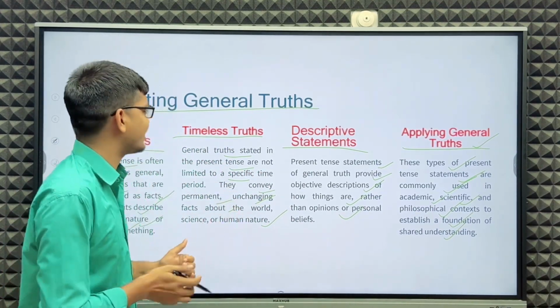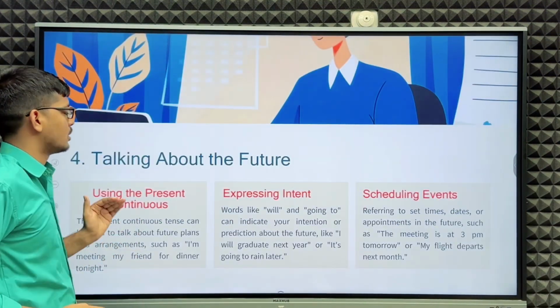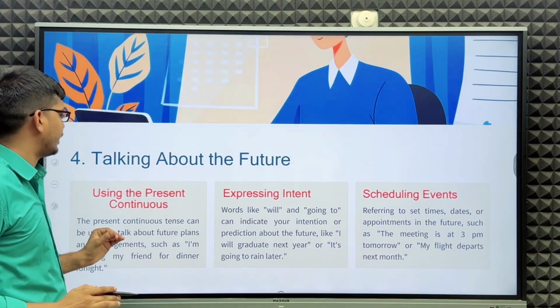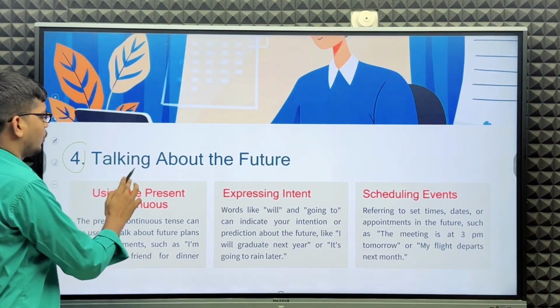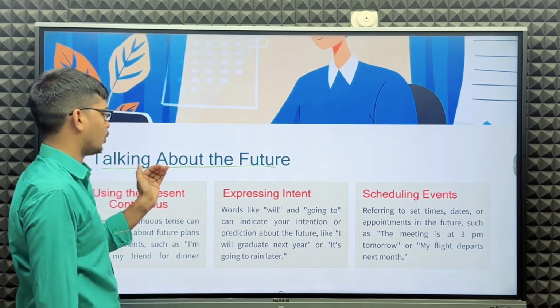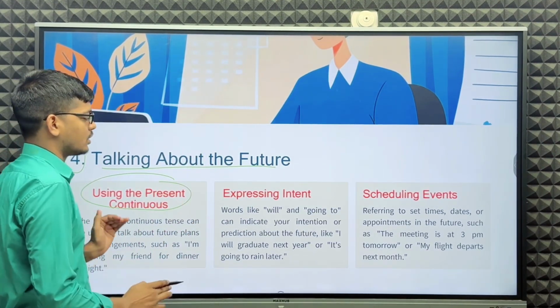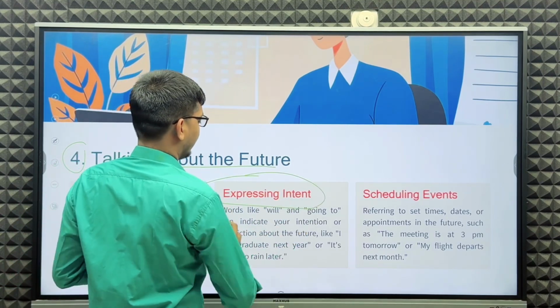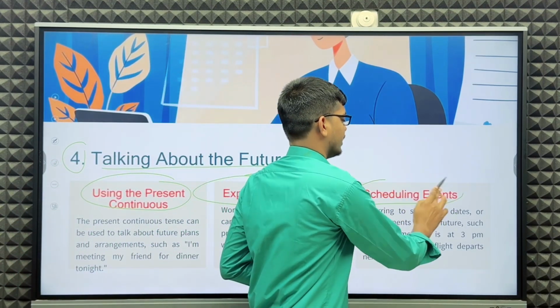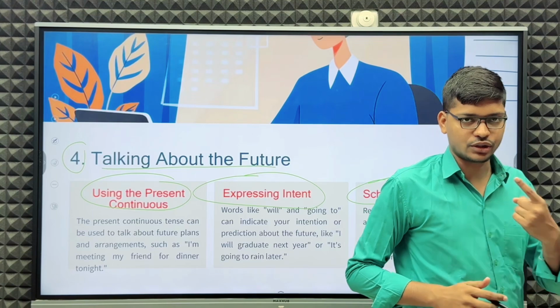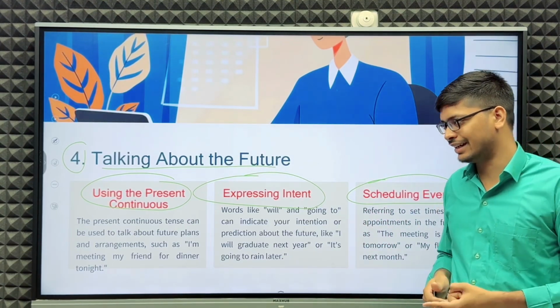So let's see the next uses of the simple present tense. Next use here, talking about the future. First, using the present continuous, expressing intent, and scheduling events. In these types of situations, we use present tenses.